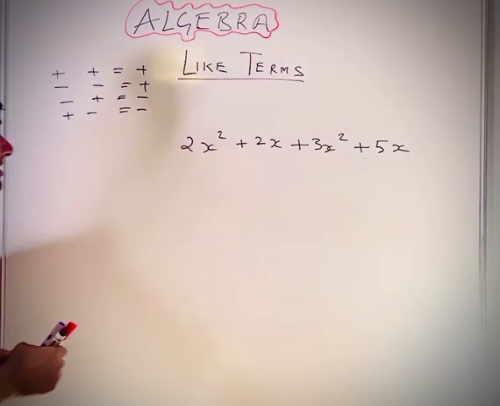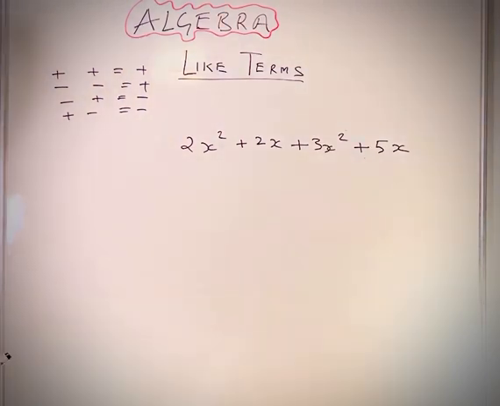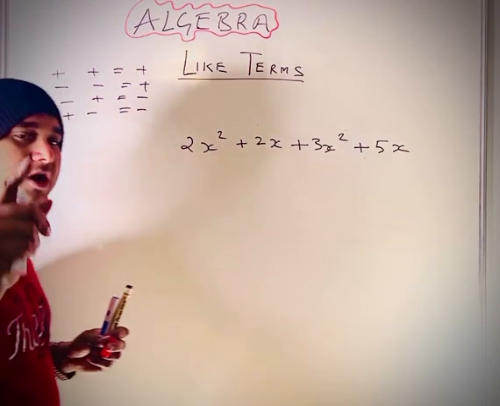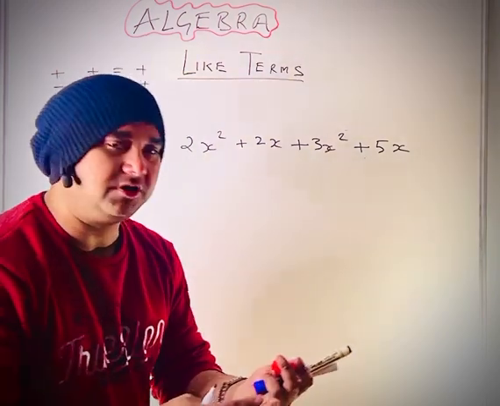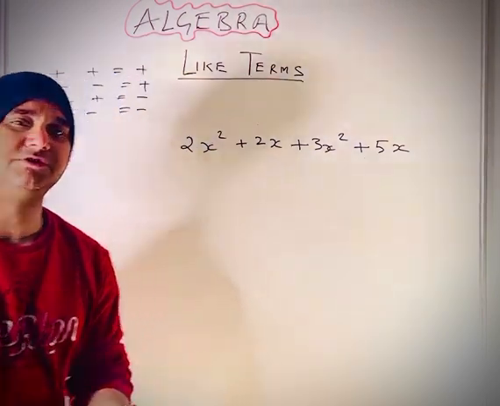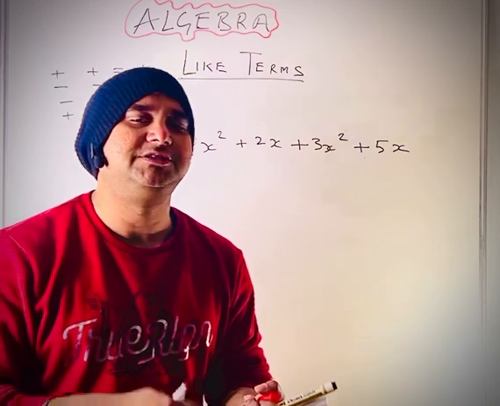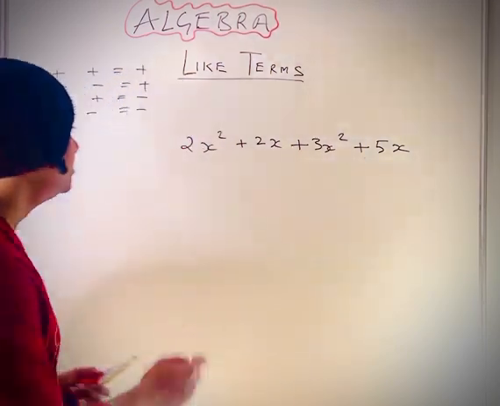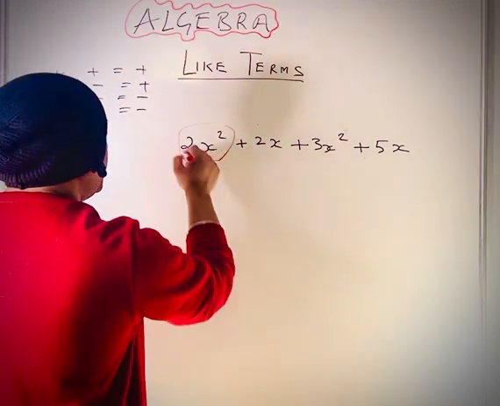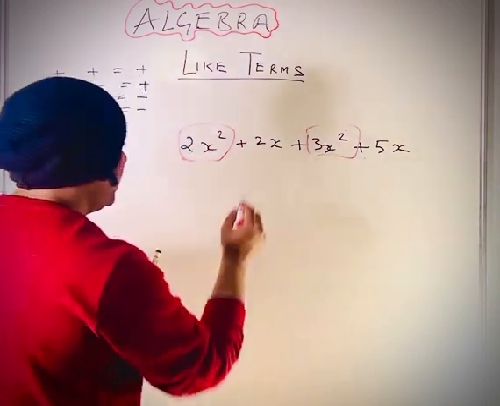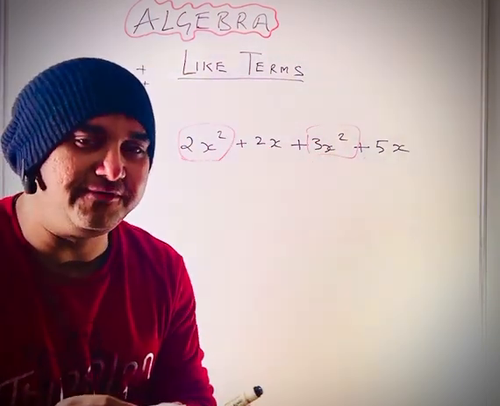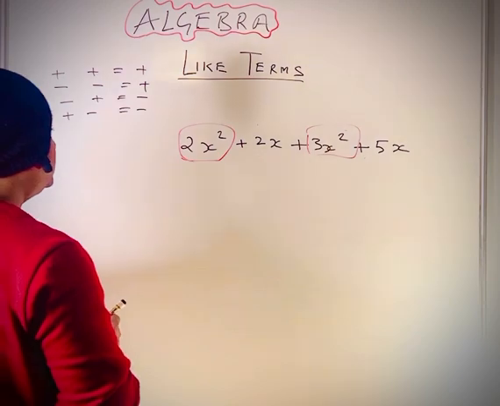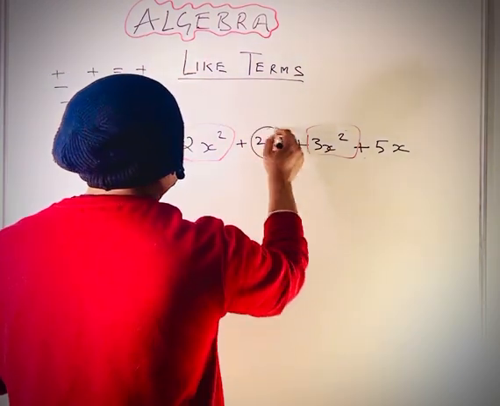Now, in this case, you can see the like terms are, I told you the definition of like terms, terms with the same variables, or the variables with the same degrees are the like terms. So in this case, 2x squared and 3x squared are like terms, and x squared and x are different variables.